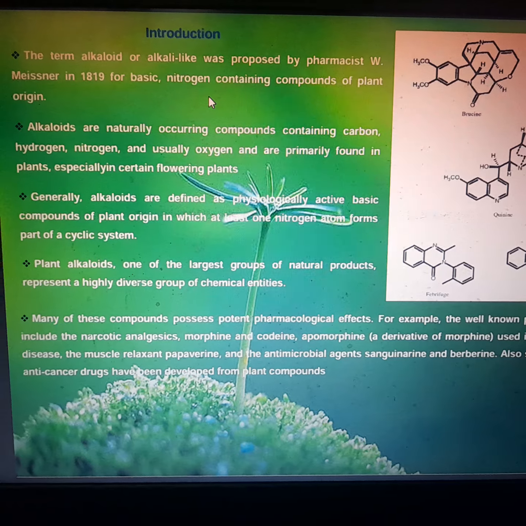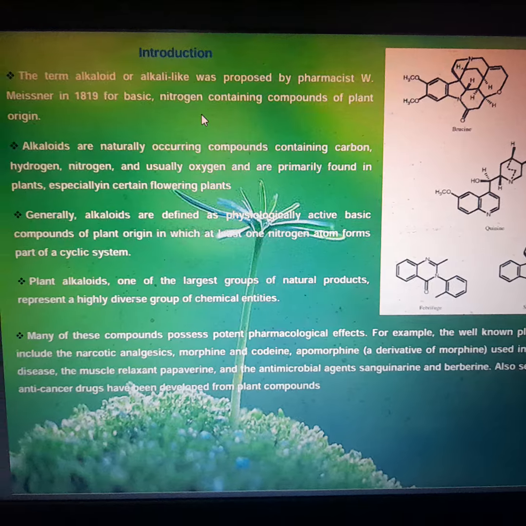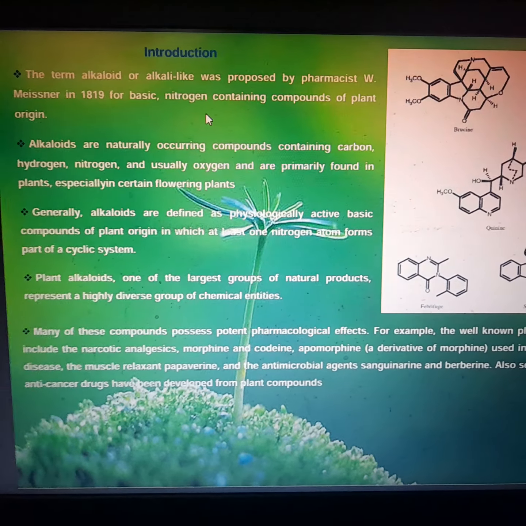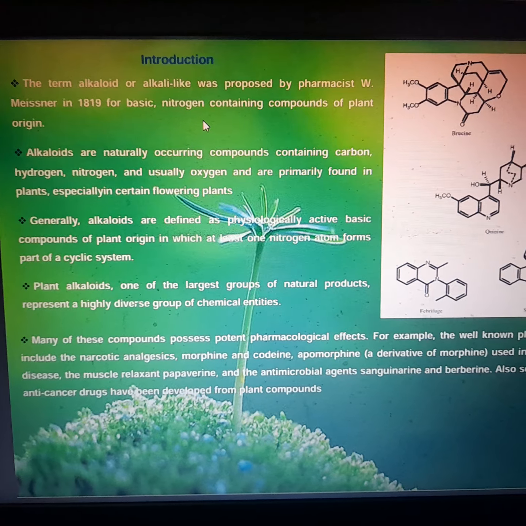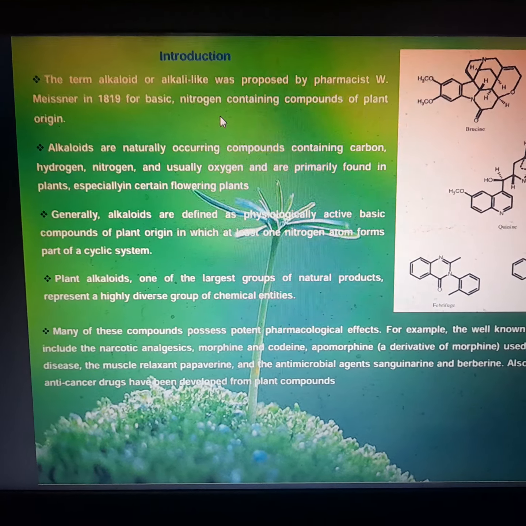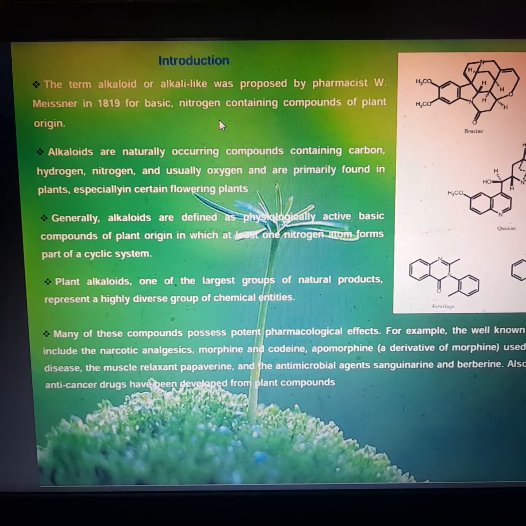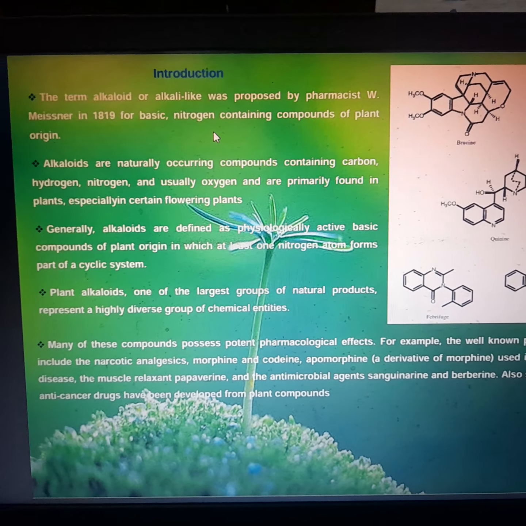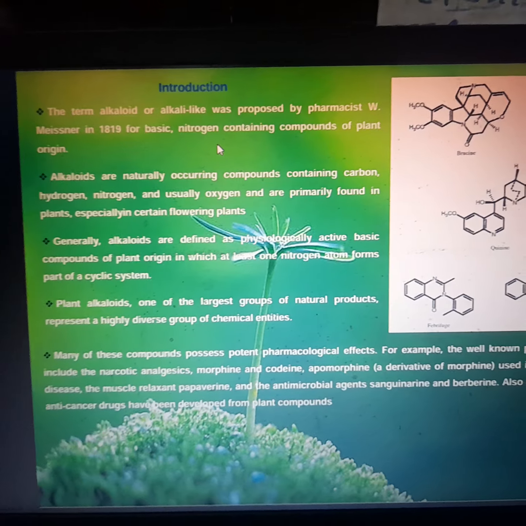What is alkali? The alkali word suggests the meaning of basic character. Alkali means basicity. Since the alkaloids contain nitrogen, which is basic in character, so it will act as alkali.